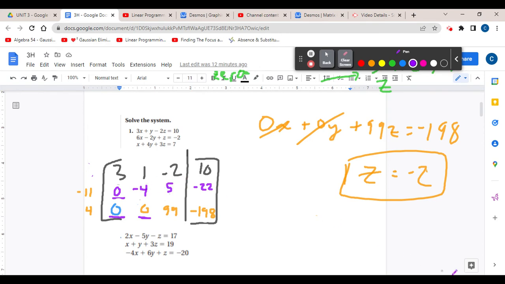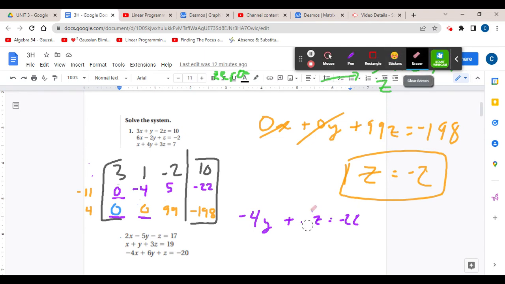So looking at this equation, we have negative 4y plus 5z equals negative 22. But we know z. Z is negative 2. So we have negative 4y, 5 times negative 2 is negative 10. So negative 4y plus negative 10 equals negative 22.